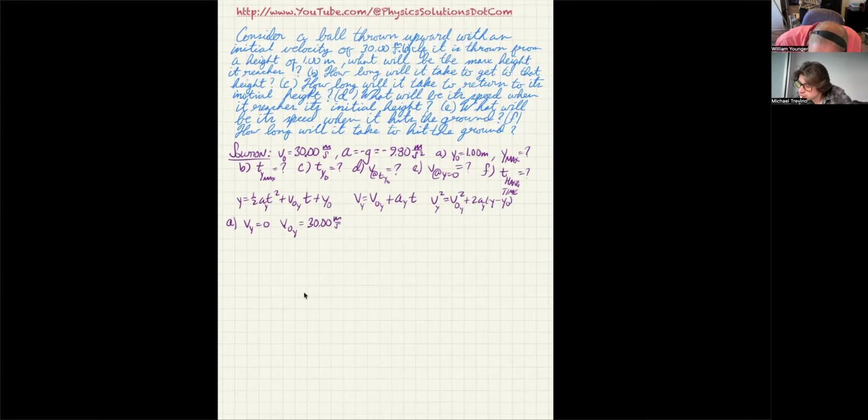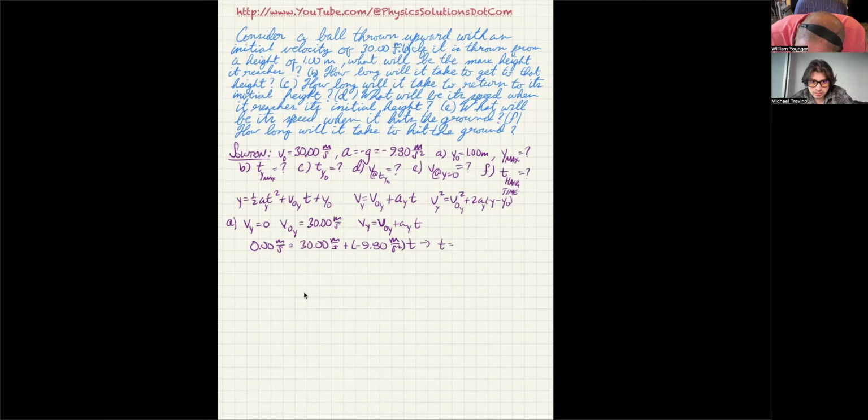So all of this implies that we're going to get vy is equal to v0y plus a sub y times t. So with that in mind, I'm going to say 0.00 meters per second is equal to 30.00 meters per second plus negative 9.80 meters per second squared times t.